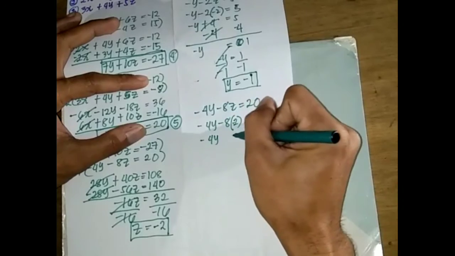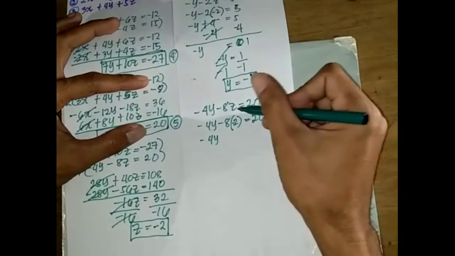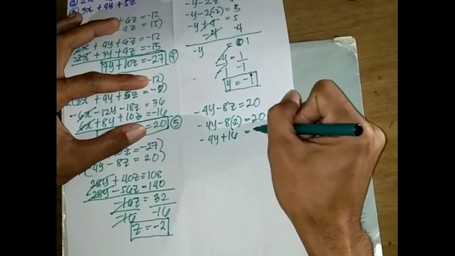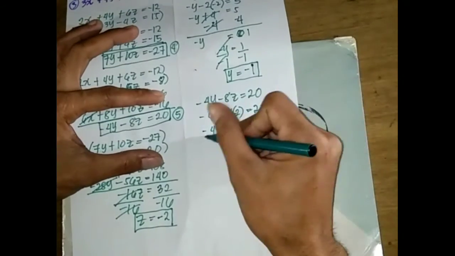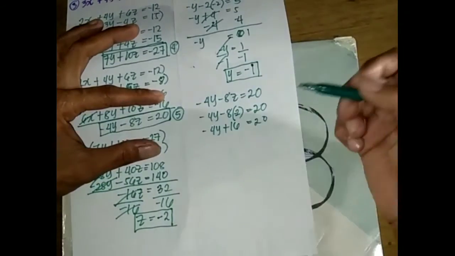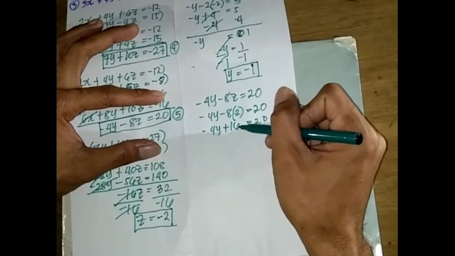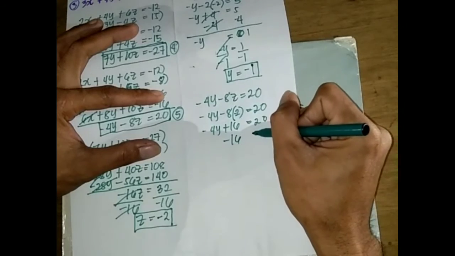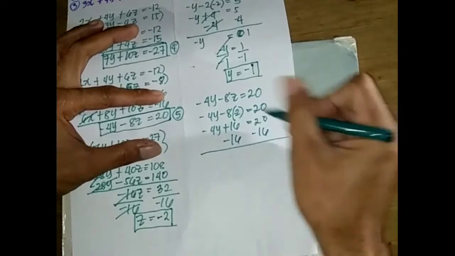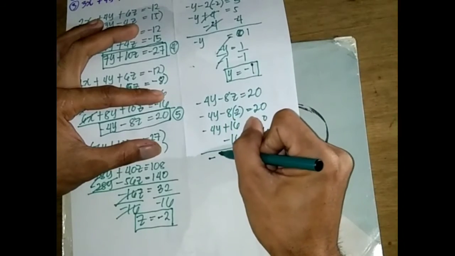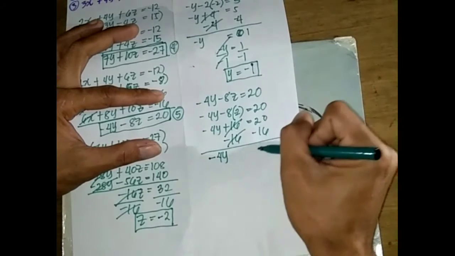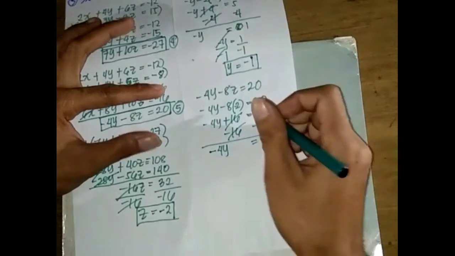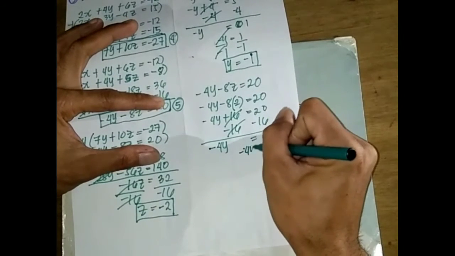Negative 4y, negative 8 times negative 2 is equal to positive 16, is equal to 20. Then we will add both sides by the inverse of 16, which is negative 16. So bring down lang natin yung negative 4y, cancel natin. 20 minus 16 is equal to 4.